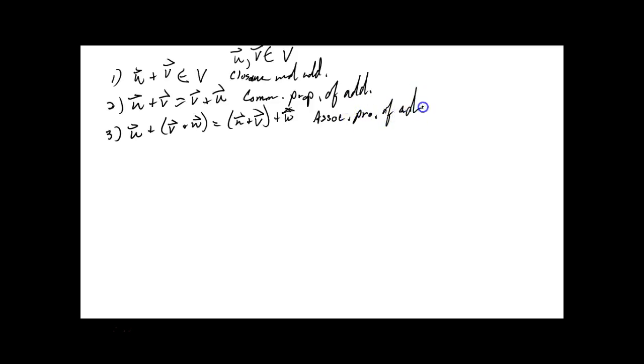Number 4. V, that vector space, has to have a zero vector. V has a zero vector.